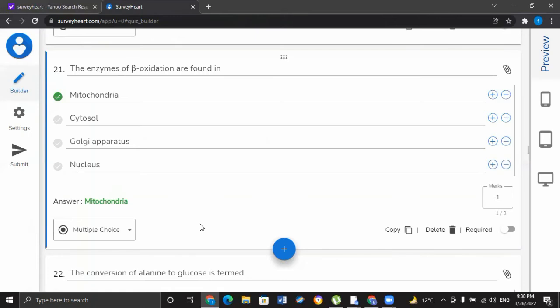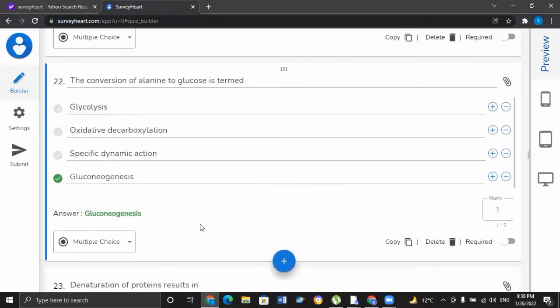So the enzymes, acyl dehydrogenase, enol hydratase, and HMG dehydrogenase, are found inside the mitochondria. The enzymes of beta oxidation are found in the mitochondria.